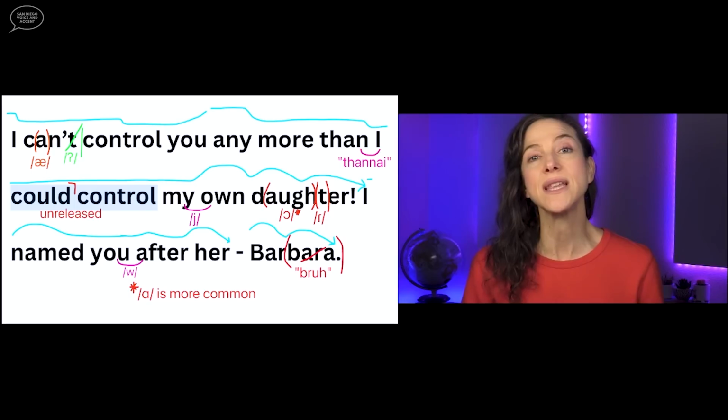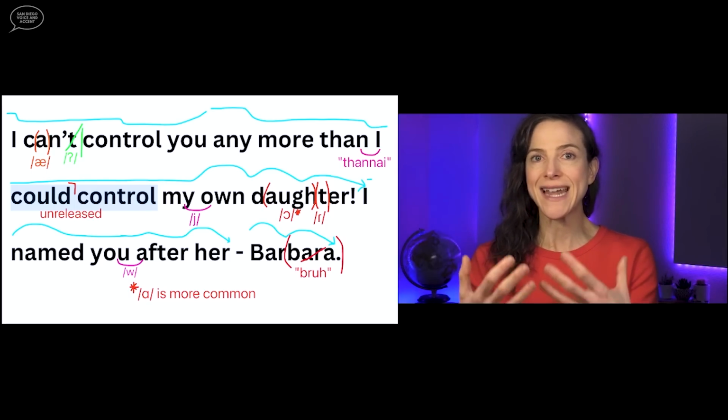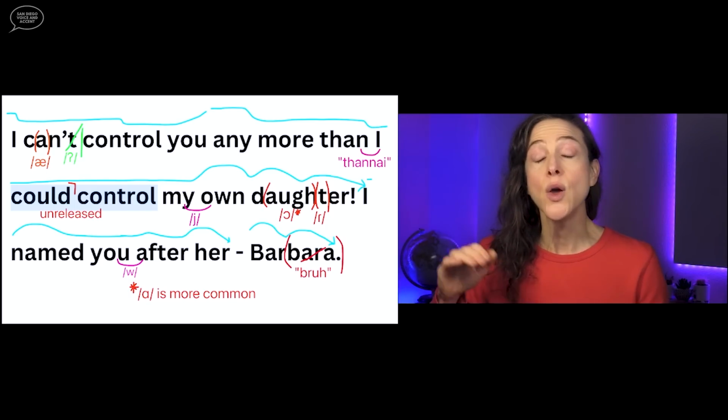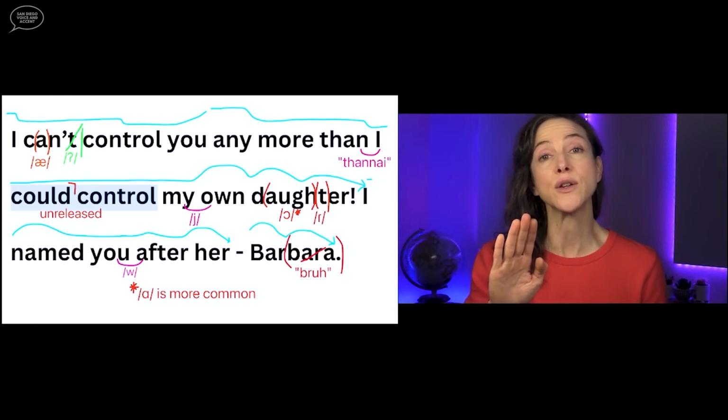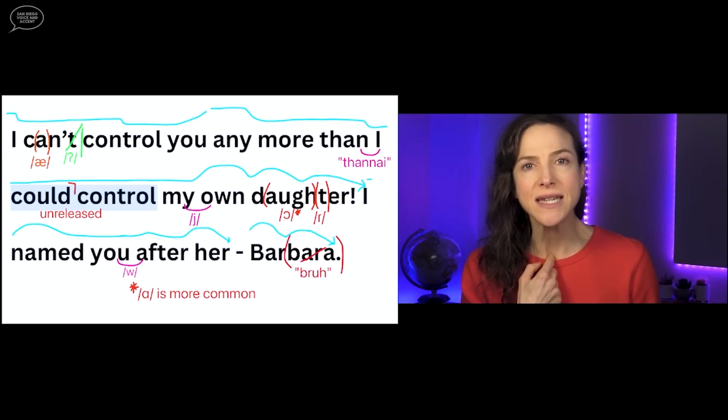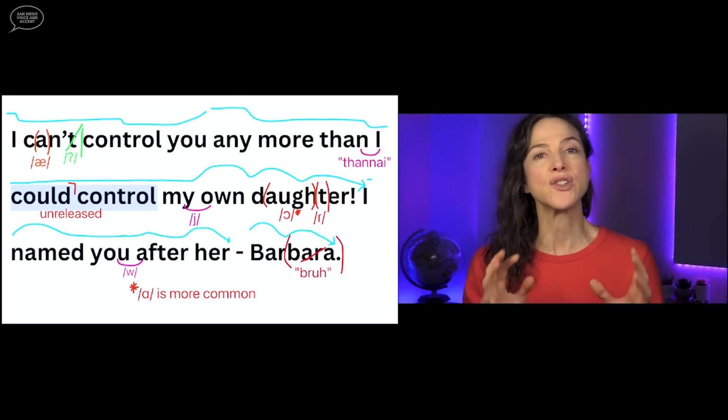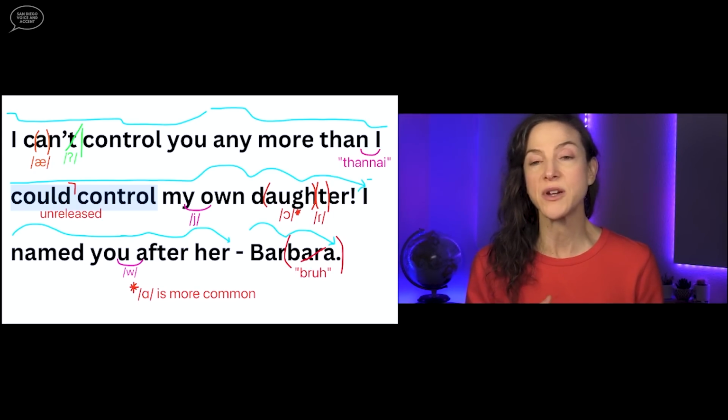Again, that unreleased D is the first half of the D consonant, where the tongue tip comes up to the alveolar ridge and the vocal cords continue to vibrate. It's challenging. In my experience, when I identify this sound with non-native speakers, 10% of them are like, oh, I can do that.